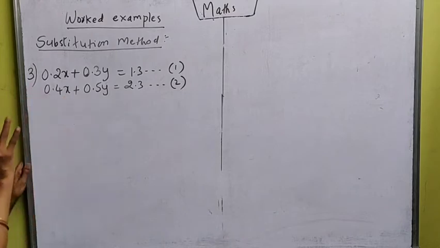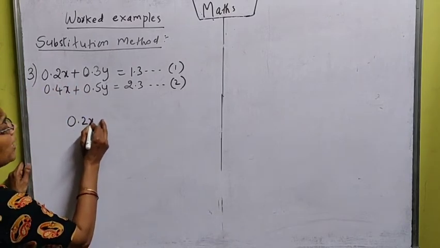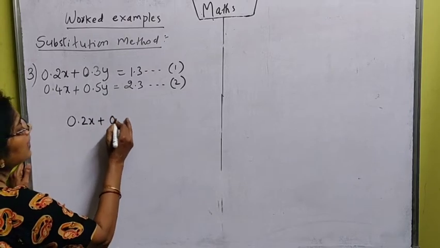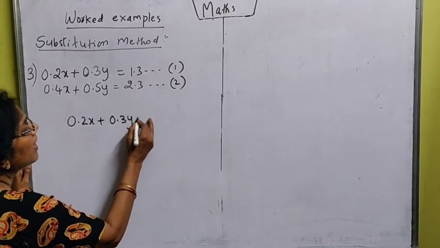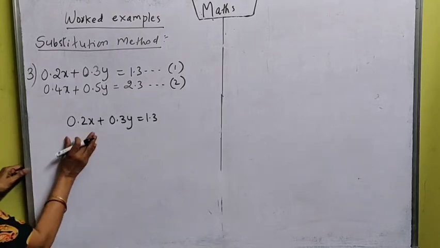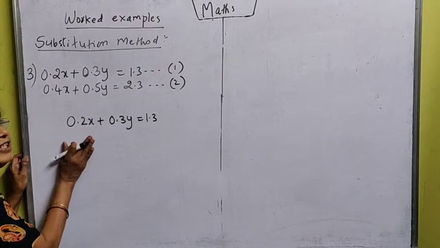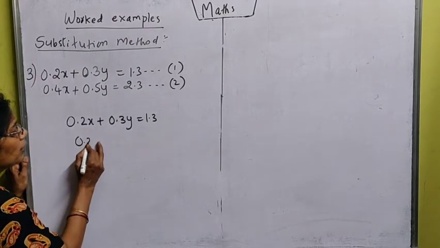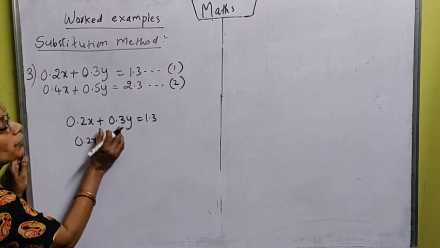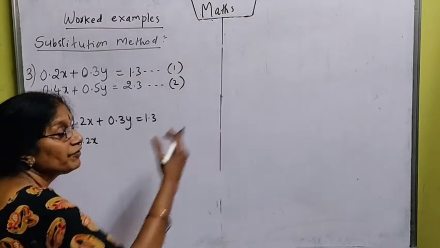That equation you take. So here I am going to take 0.2x plus 0.3y is equal to 1.3. What am I going to do? 0.2x I will retain on the left hand side, so I will put it as 0.2x. Now I want to take plus 0.3y to the other side of the equation.